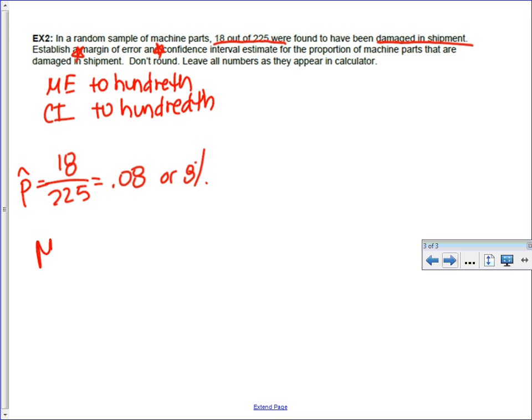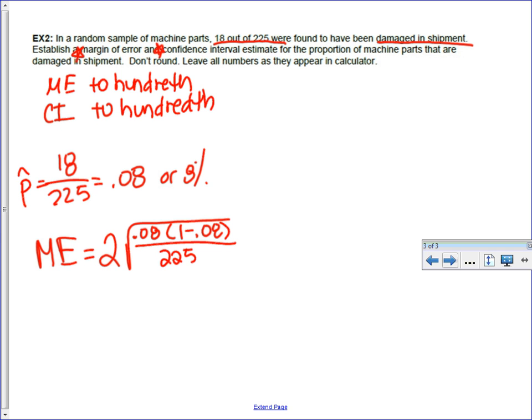So my margin of error, I'm going to use my sample proportion. So I have 2 times the square root of the sample proportion, which is 0.08, times 1 minus the sample proportion, over the sample size, which is 225. Okay? I'm going to do all the math here, and what we end up getting is 0.0361724266. So like I said, we're actually going to round this to the nearest hundredth, so 0.04.